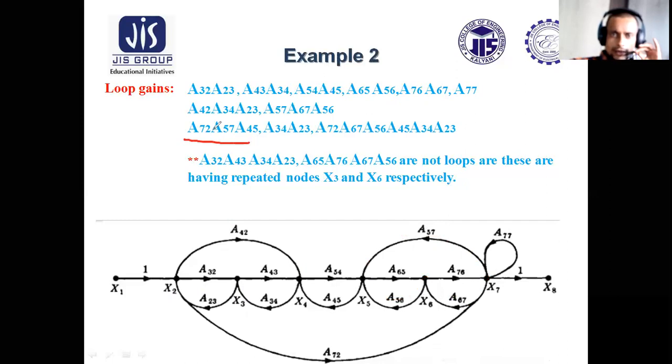What are other loops? A57, A45, A34, A23 together forms a loop.